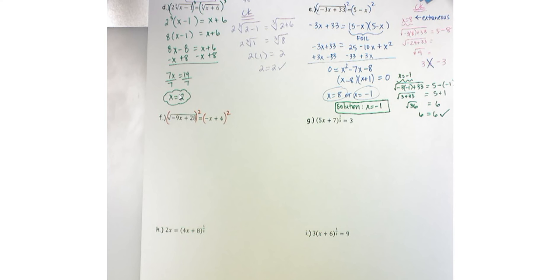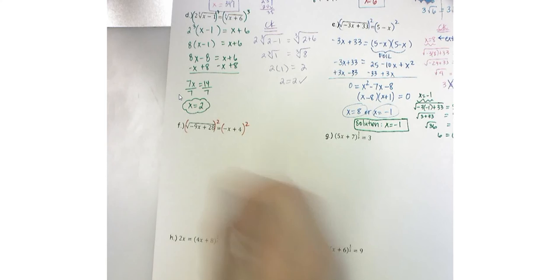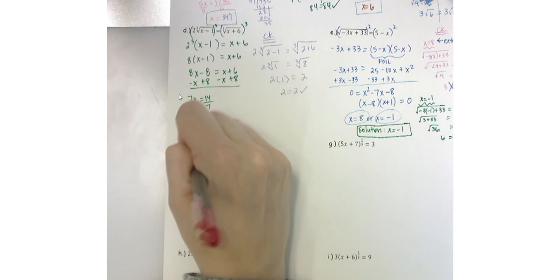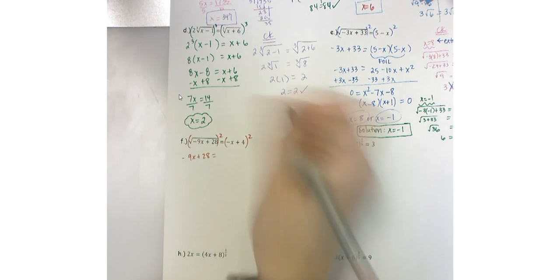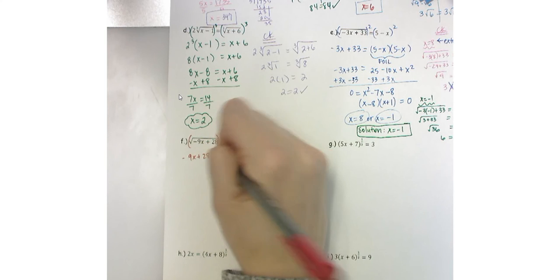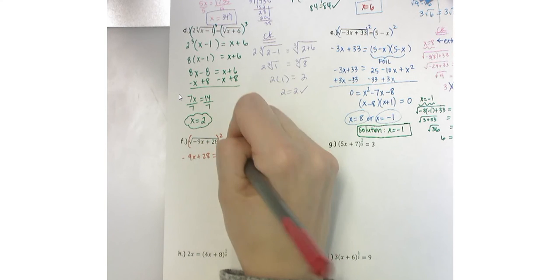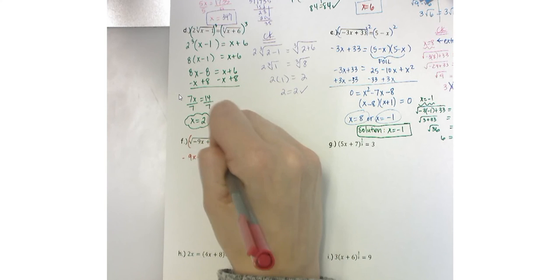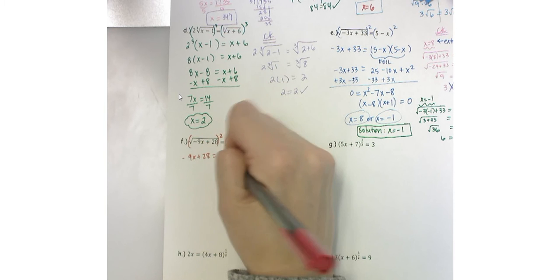And when you're doing this type of stuff without a calculator, 9 minus 8 is going to be 1. If you're doing 16 minus 28, just count the difference between them. Like 16 to 20 is going to be 4, and then 20 to 28 is 8, so 4 plus 8 is 12. This will be negative 12.